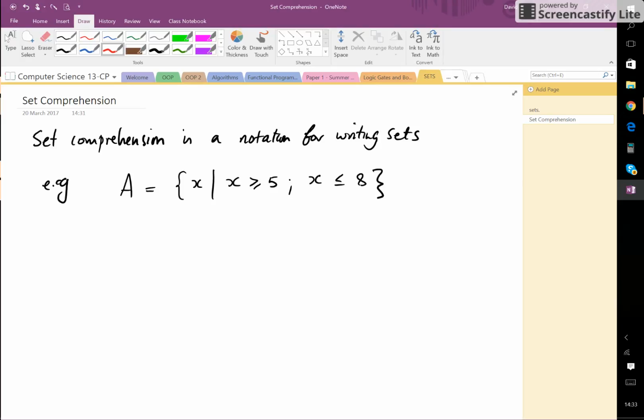In English, this says the set A is the same as the set of x's, and this vertical bar here means such that, and then obviously x is greater than or equal to 5, and x is less than or equal to 8.